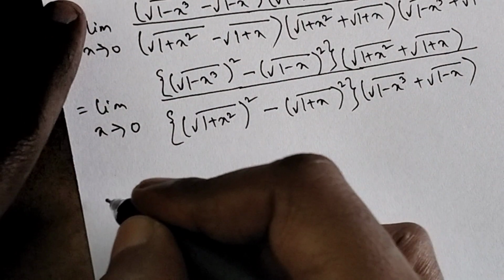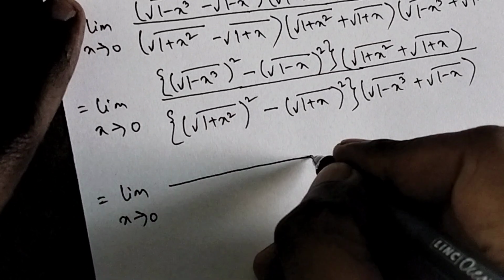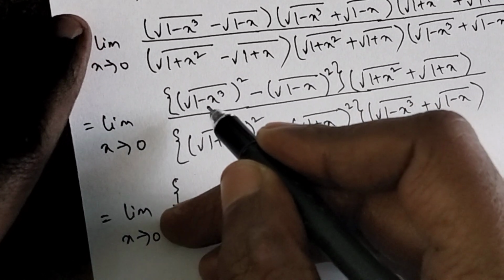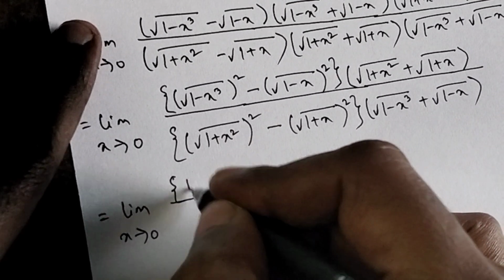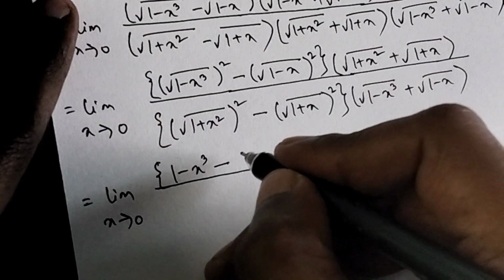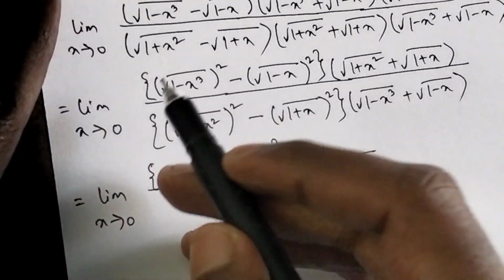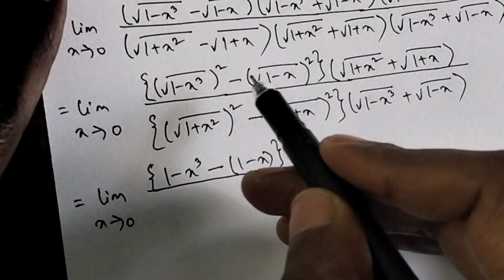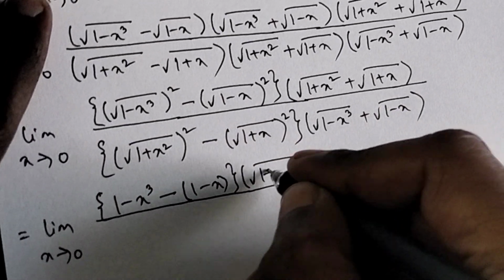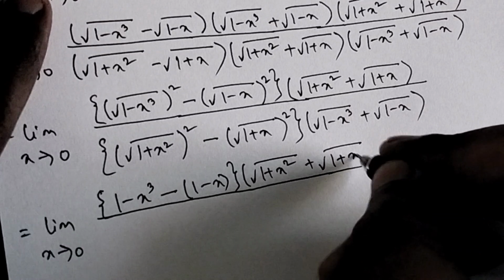So now limit x tends to 0. It will be 1 minus x cube minus 1 minus x, then under root 1 plus x square plus under root 1 plus x.